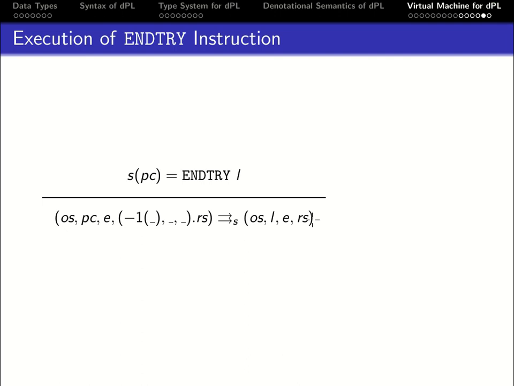So what happens at the end try? When we reach the end try, if we ever reach the end try, it means that the exception has not happened, right? If the exception has not happened, what I need to have is the try-catch frame right at the top of my runtime stack.